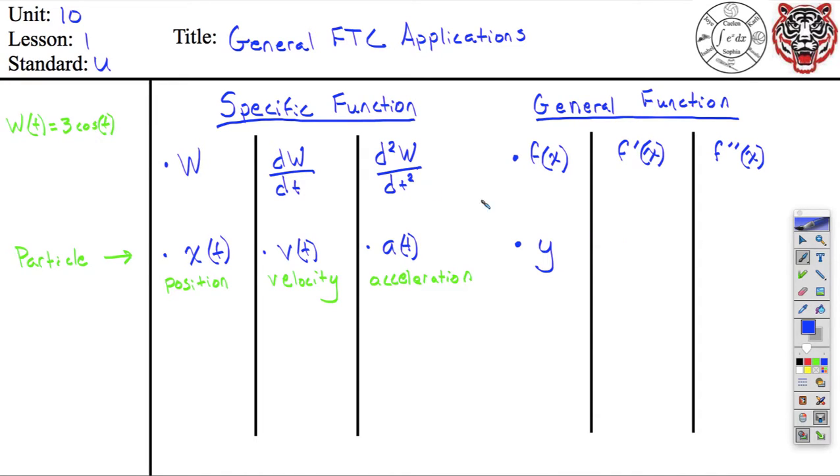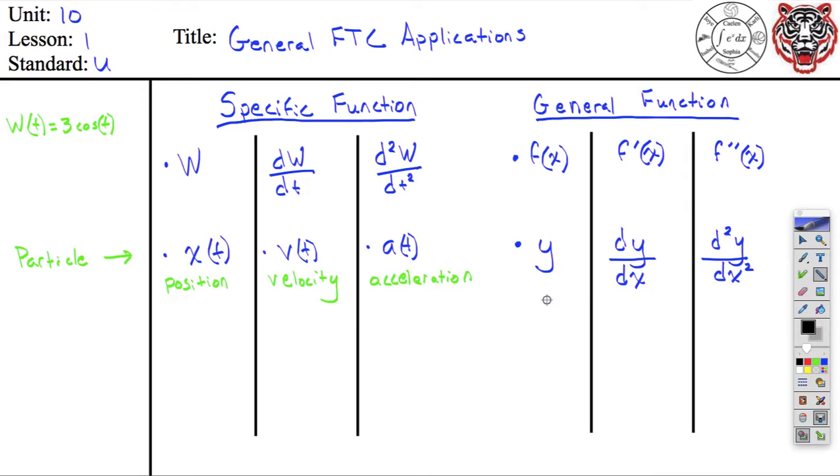It's very similar to this line right here. dy over dx, with whatever you're taking the derivative with respect to. Let's say we're taking it with respect to x in this case, dx. Okay, and then second derivative is going to be what? Try not to look at your notes. d squared y over dx squared. Perfect, yep.